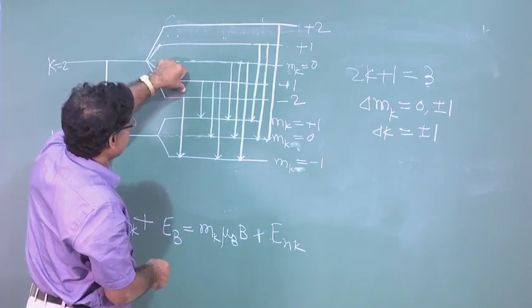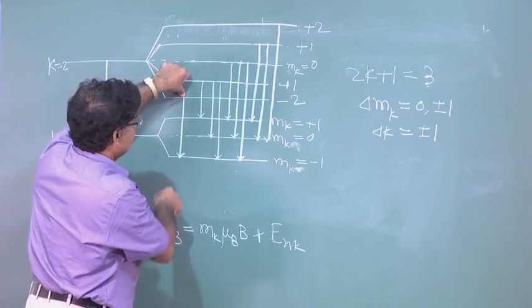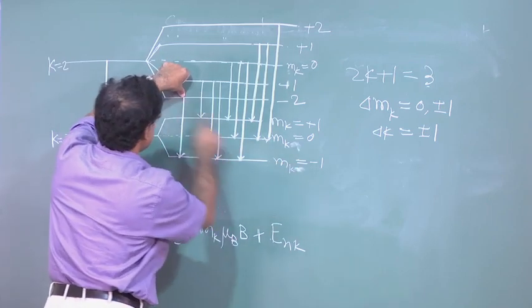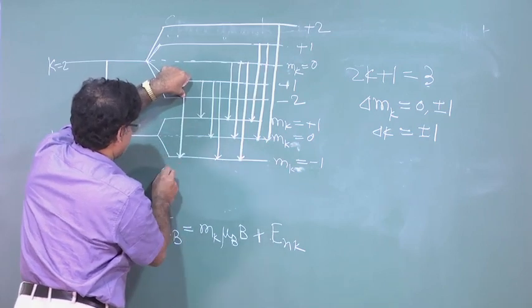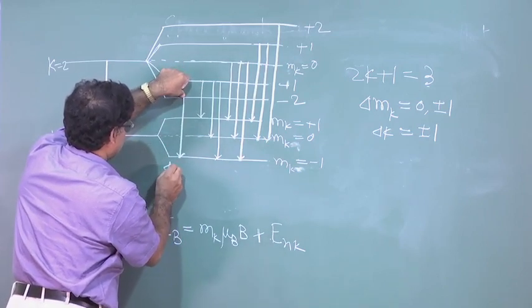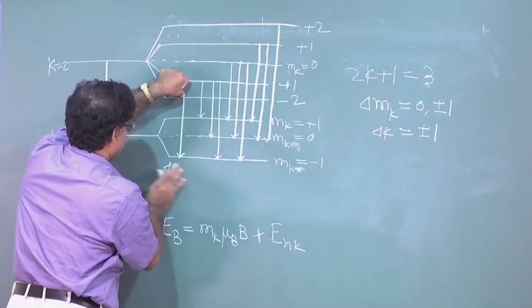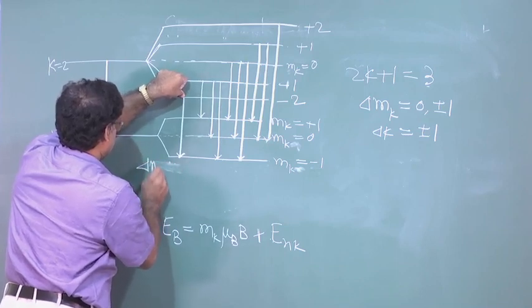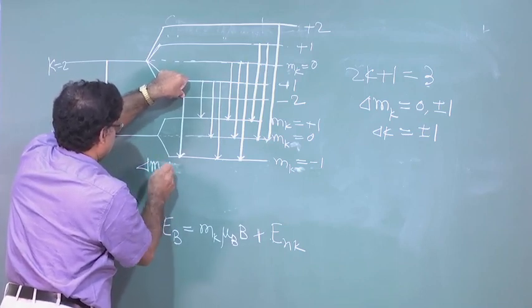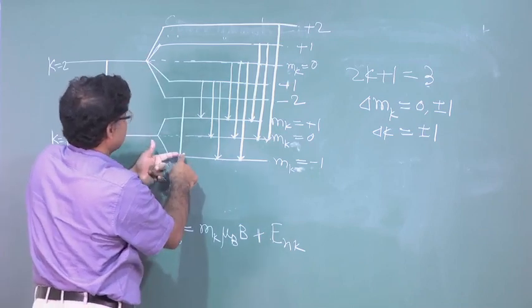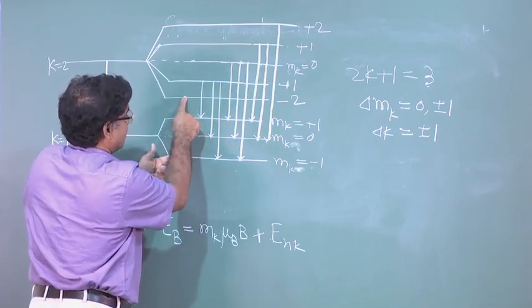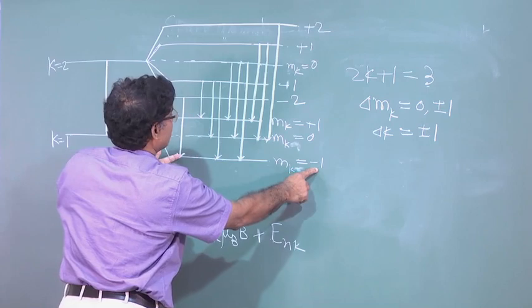Just let us check it. If I start from here, this is allowed, so del mk in this case is minus 2 to minus 1.